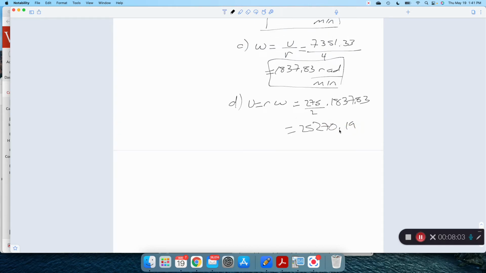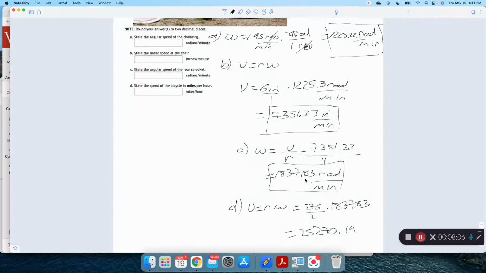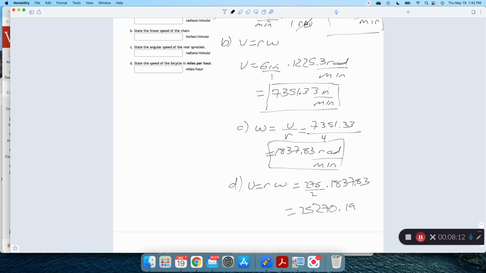But what are my units here? Omega was in radians per minute. R was in inches. I'm going to get inches per minute. They don't want inches per minute. They want miles per hour. I mean, we're done. That's my speed.